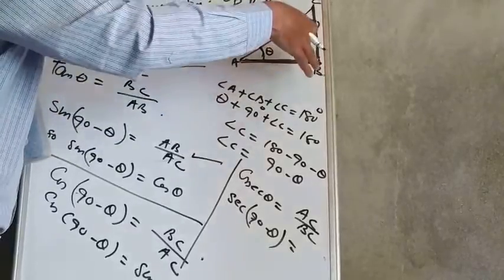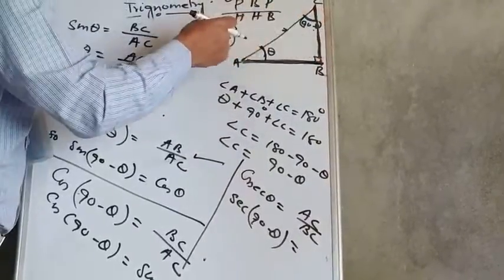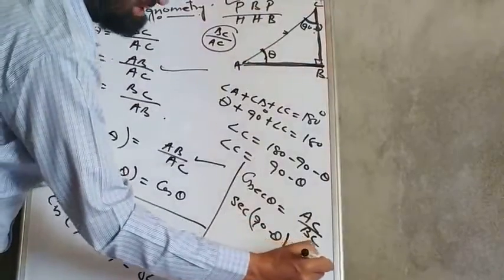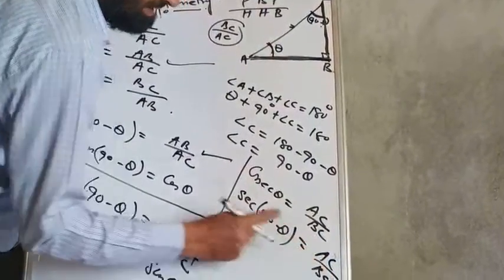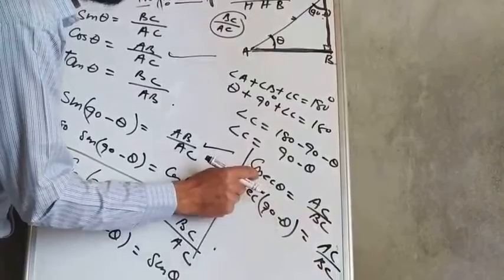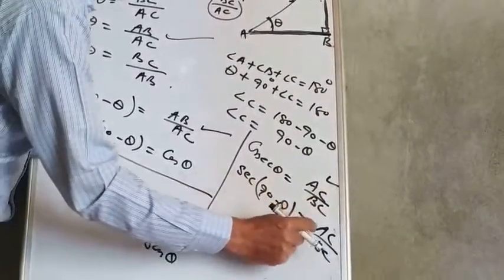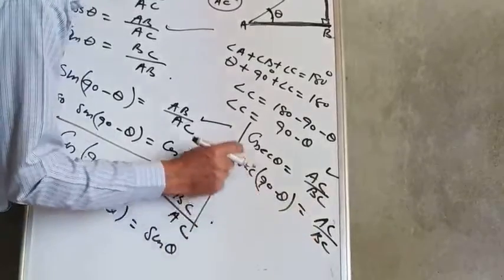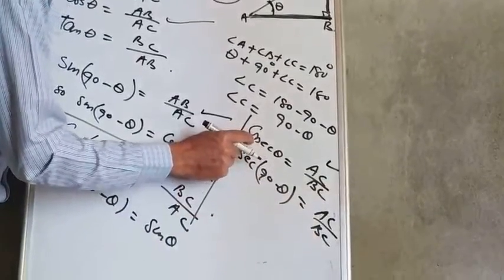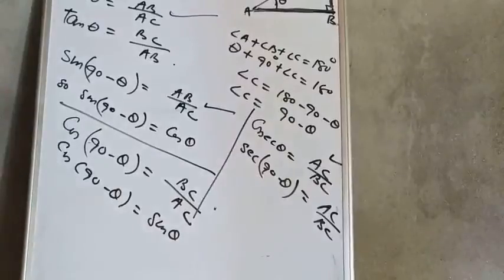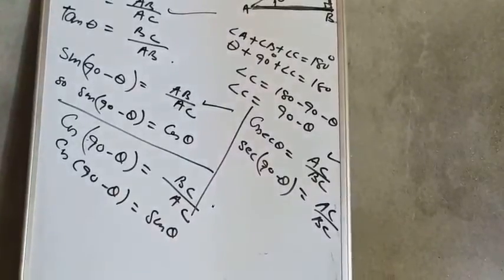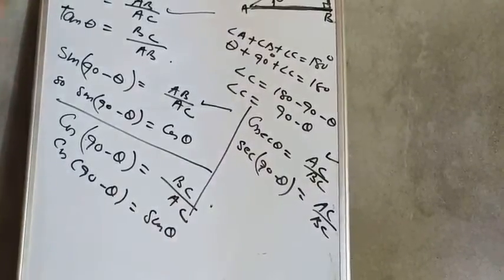Now the reciprocal is AC by BC. So sec(90 minus theta) is AC divided by BC. Now you see cosec theta is AC by BC. Sec(90 minus theta) is also AC by BC. So sec(90 minus theta) is equal to cosec theta. Similarly, you can prove cosec(90 minus theta) is equal to sec theta, and so on.